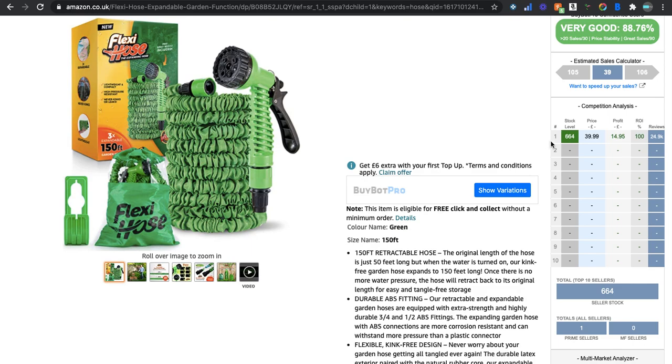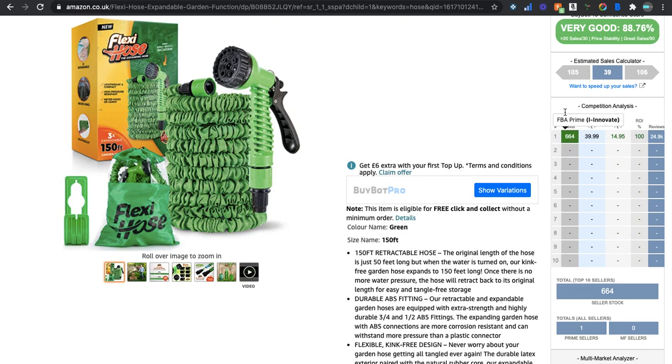So just know that sometimes if you're FBA, say, for example, there was FBM here for £37, but FBA here is £39.99. Sometimes you can be £1, £2, or even up to £5 or £10 more. Not in all cases. It depends on the weight, the size of the item, and the other sellers, etc. But sometimes you can be quite a lot more as an FBA as opposed to FBM. Okay.